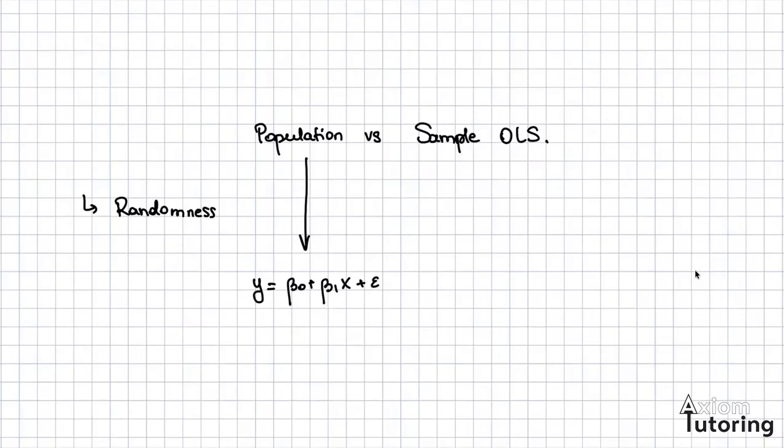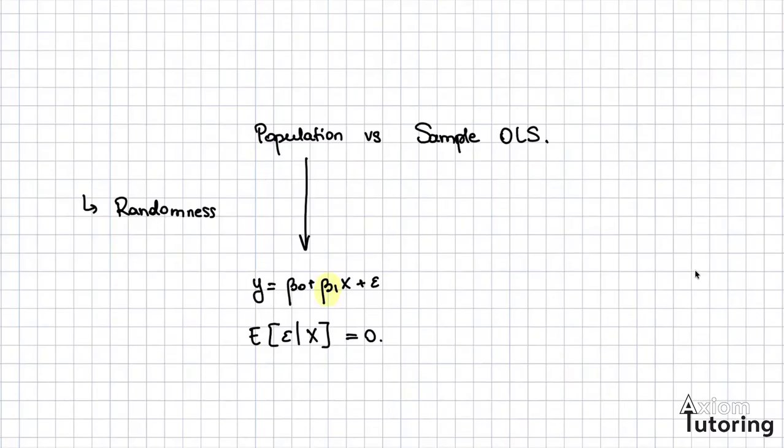Now, in the population, we also know that on average, the conditional expectation of the error on the x needs to be 0. Now, the true slope, beta 1, that we are trying to estimate here is the one that minimizes the expected squared prediction error across every possible observation in the population.